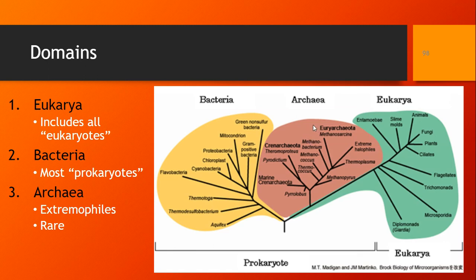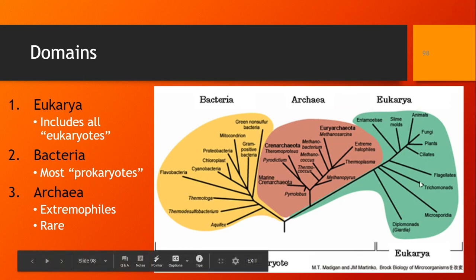So these are really kind of rare. And then we have eukarya, which is everything that's eukaryote. So plants, animals, fungi, protists, a whole lot of diversity here. So those are our 3 domains.